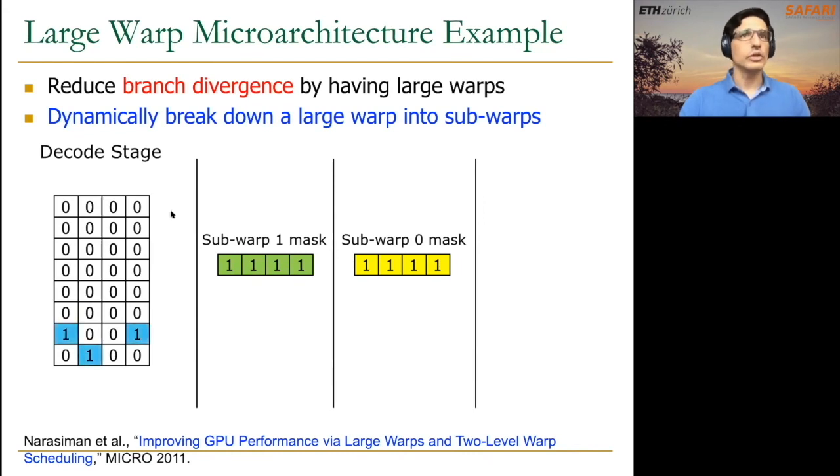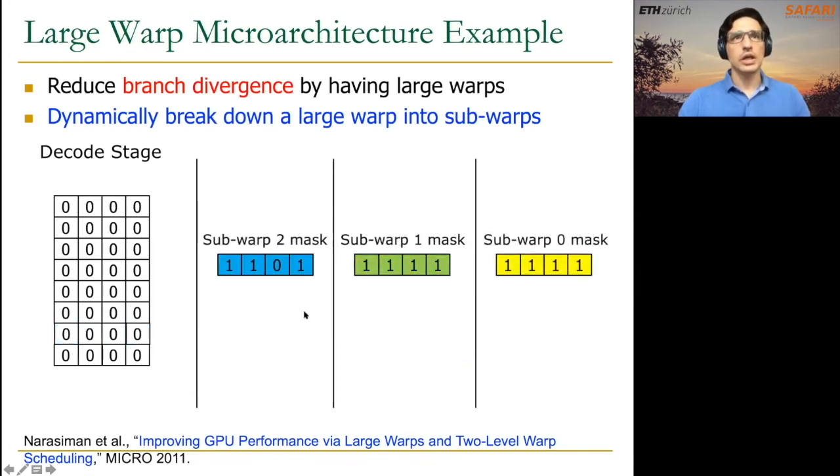And then for the next subwarp, in this case, we only have 3 active threads, but again, we are increasing the utilization much more than what we would have had if we had just executed the 4 threads that belong to the same row in this figure. So as you see, the key idea is quite similar to the idea of the dynamic warp formation. It's another way of implementing it.